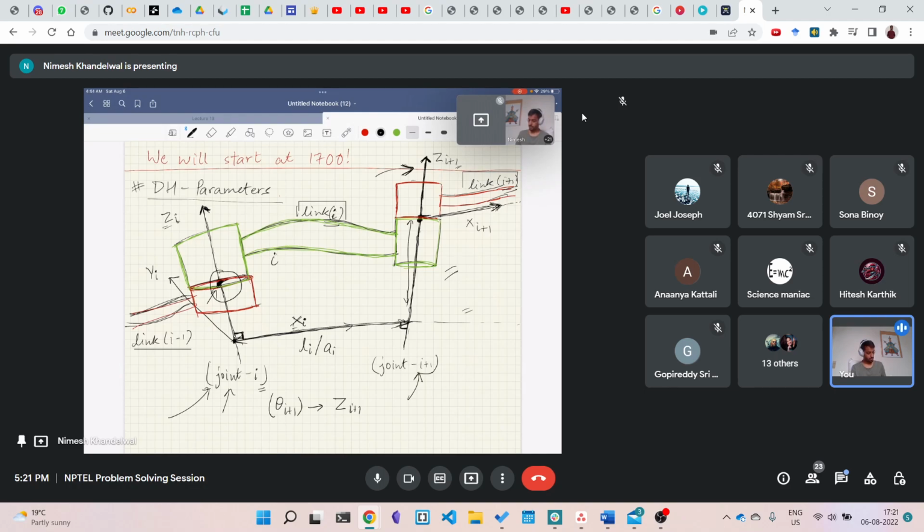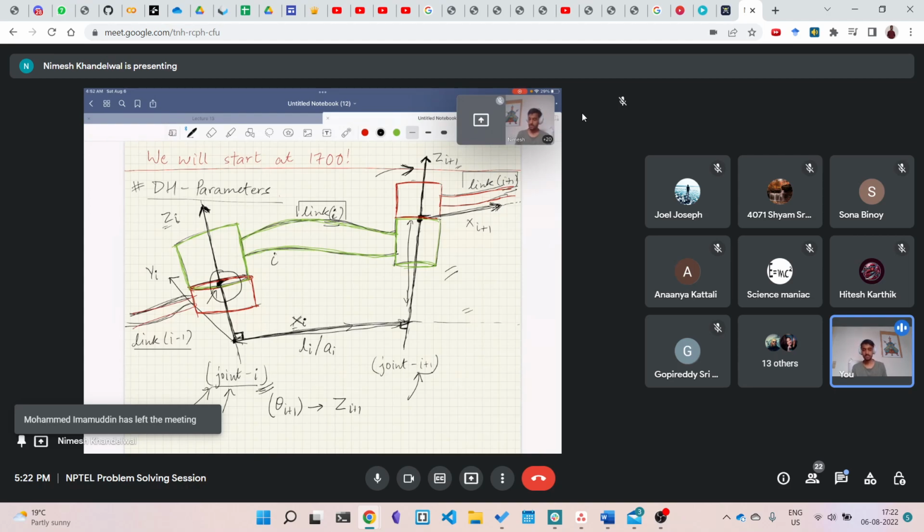Now these joints basically are your frames. Joint means what you will call the axis about which the rotation is occurring, or the axis about which translation will occur in the case of prismatic joints. Once you have decided that you will call this joint i, so this is frame i, you assign a z axis to this joint.